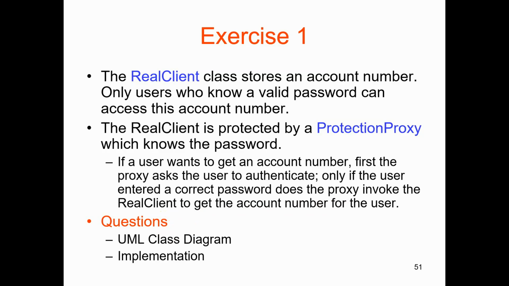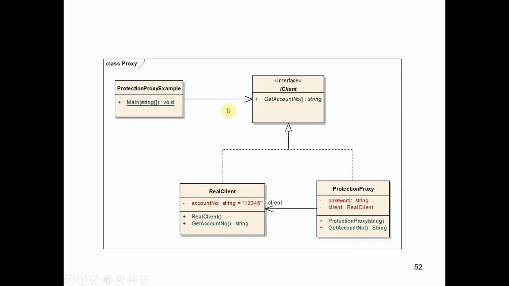Okay, so I guess you already paused and you already unpaused the video. Then let's look at the solution together. We know the real client contains the account number, and this proxy will take the action to protect this account number by asking the user to enter a password.